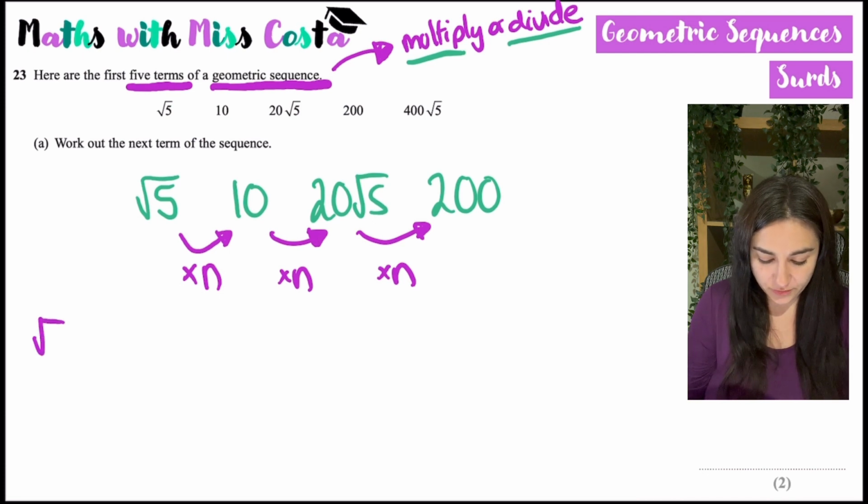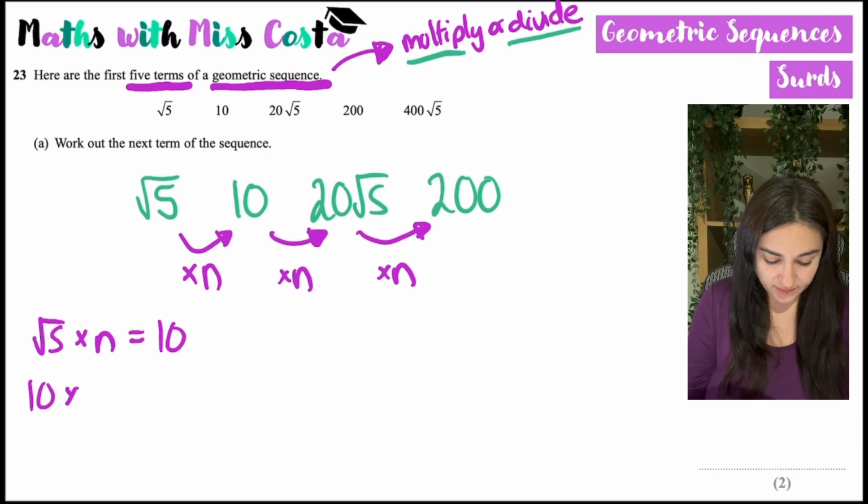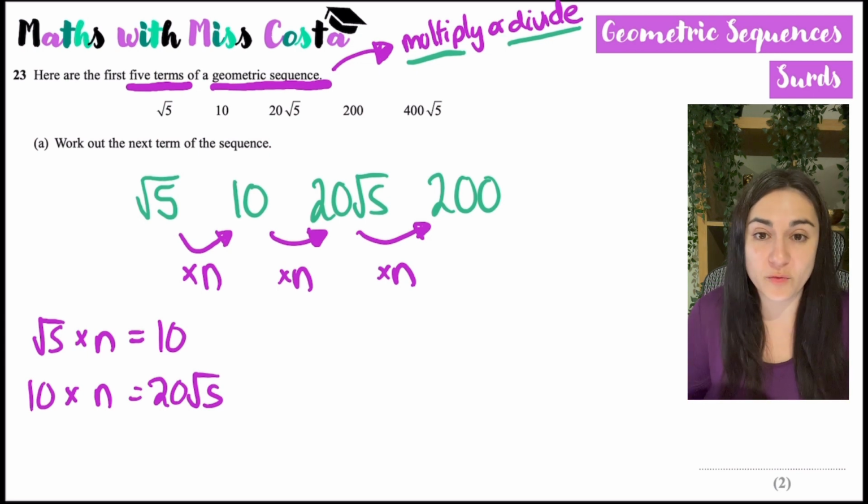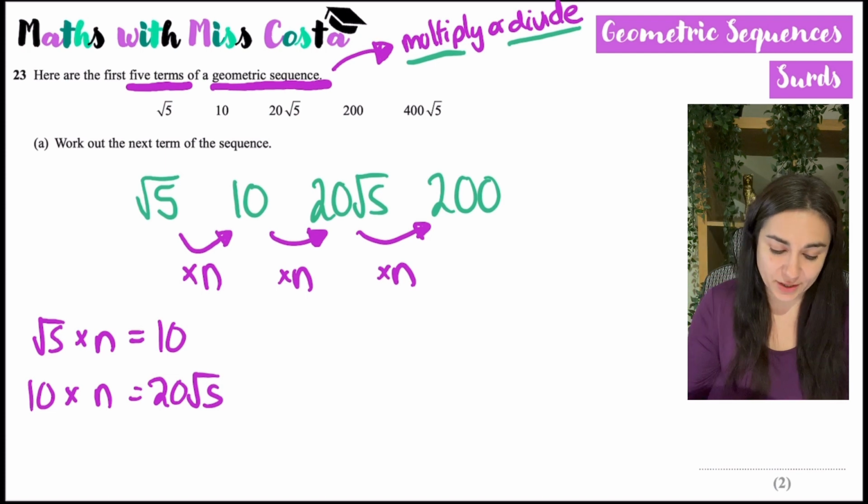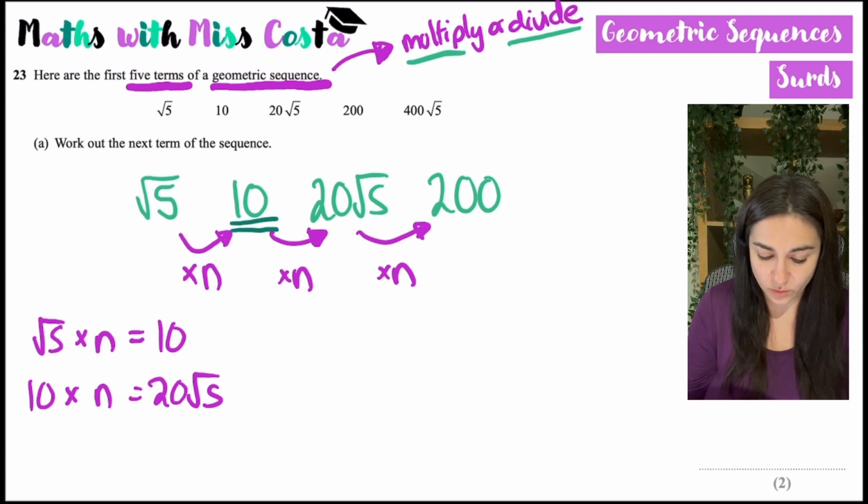Now you could just think to yourself, what do I multiply root 5 by in order to get to 10? Or what do I multiply 10 by to get to 20 root 5? And if you're confident with surds, absolutely use that route. If you're not super confident, then what we could do is look at the integers, so just the whole numbers.